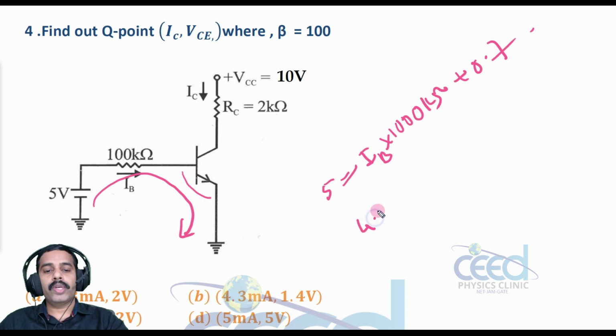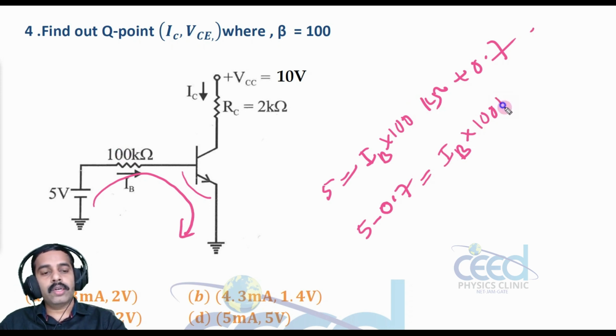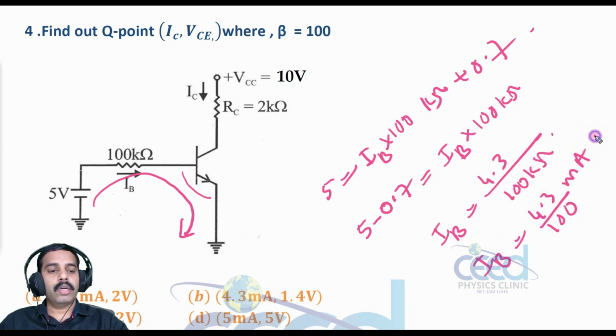So 5 minus 0.7 is equal to IB into, sorry, this is 100 kilo ohm. So IB is equal to 4.3 divided by 100 kilo ohm, right? That means IB is equal to 4.3 divided by 100 milliampere.